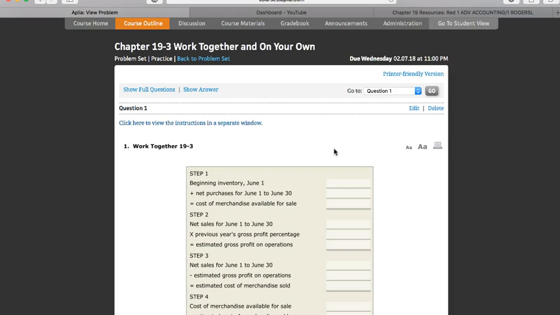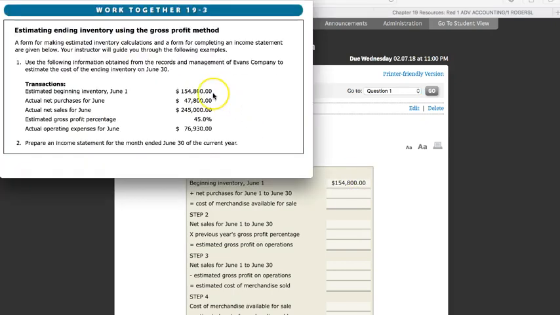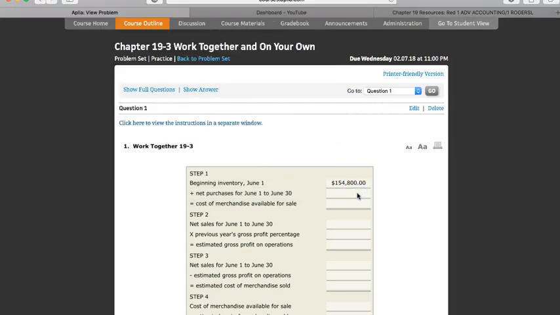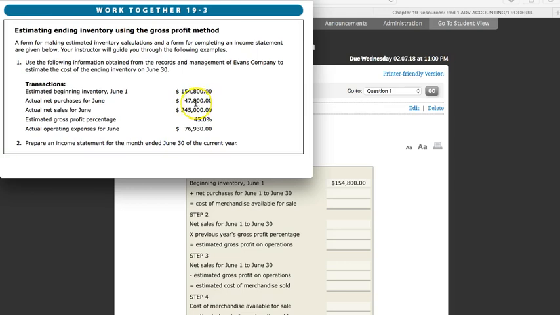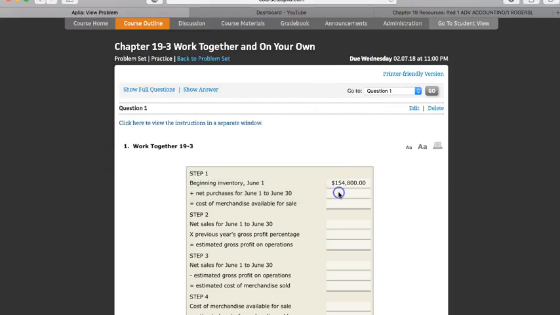All right, so first of all, our estimated beginning inventory on June 1st is given to us, and that is $154,800. This is given to us in the instructions. Then we've got our net purchases for June 1st through June 30th. Again, this is given to us, $47,800.